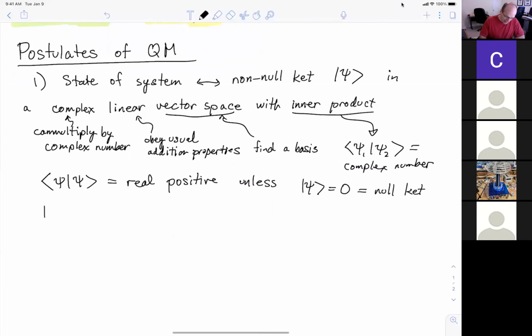And then furthermore, a ket psi, we said we could multiply by a complex number, so we can, but mathematically those are different, but physically they're the same. These are the same physical state.